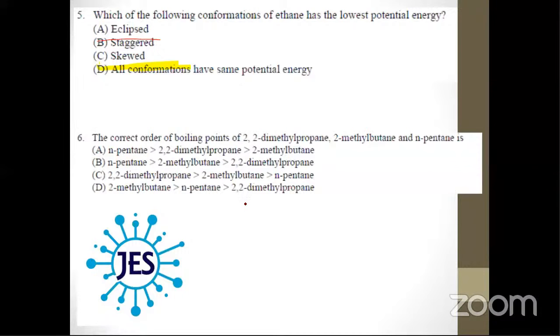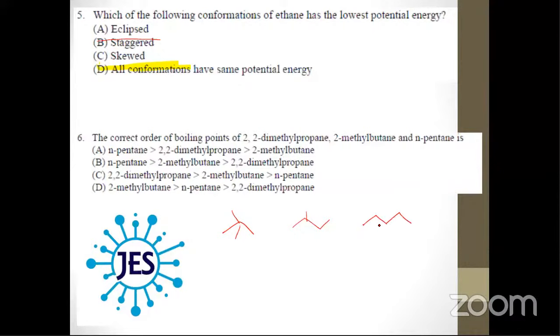The first one given is 2,2-dimethyl propane, 1, 2, 3. The second one is 2-methyl butane, 1, 2, 3, 4. And the third structure is n-pentane, 1, 2, 3, 4, 5.